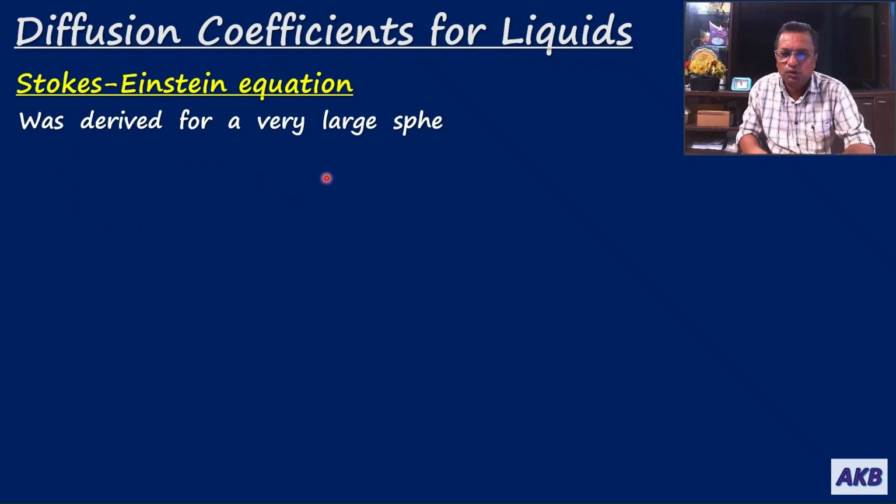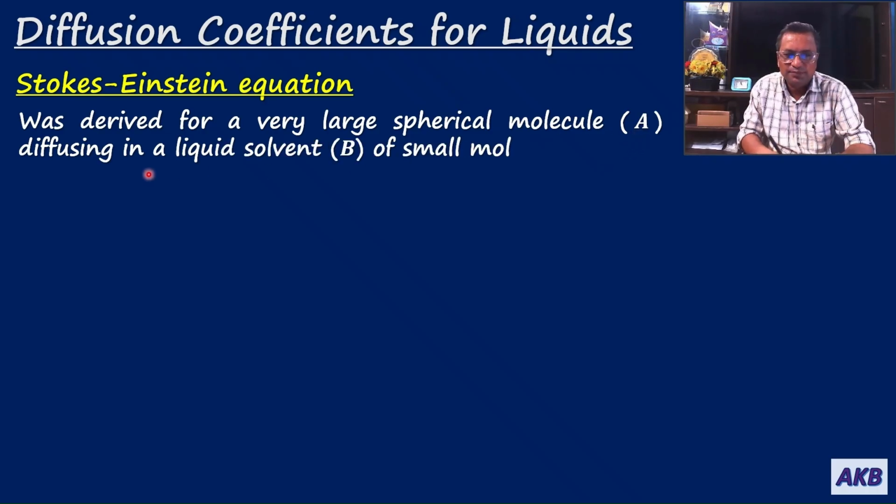It was derived for a very large spherical molecule of A that is diffusing in a liquid solvent B, whose molecules are small as compared to those of the diffusing solute.